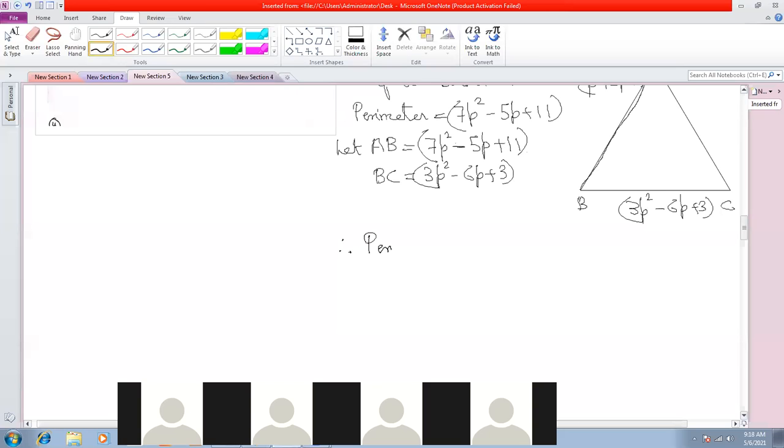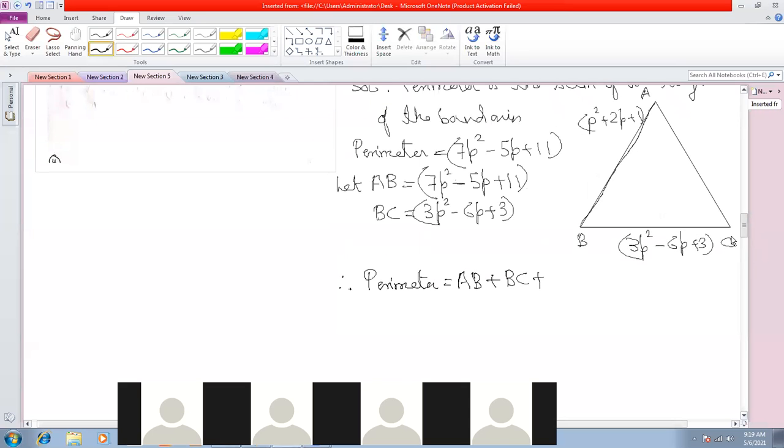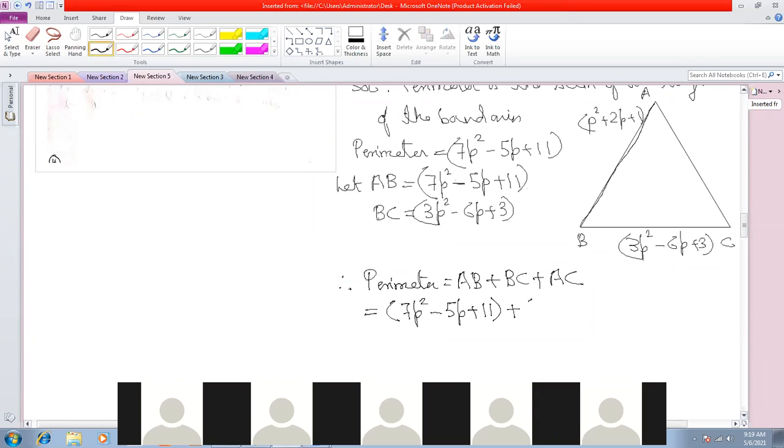Therefore the perimeter of this triangle will be the length of AB plus the length of BC plus the length of the third side AC. The length of AB is 7p square minus 5p plus 11. The length of BC is 3p square minus 6p plus 3. And we don't know the length of AC, so let's write AC as it is.